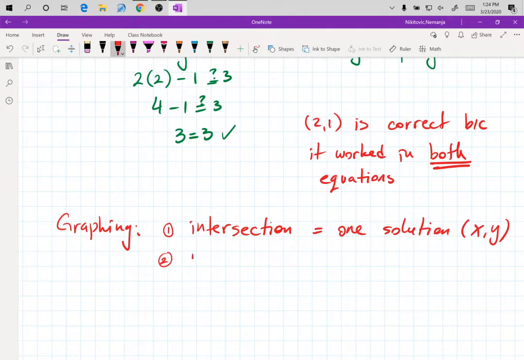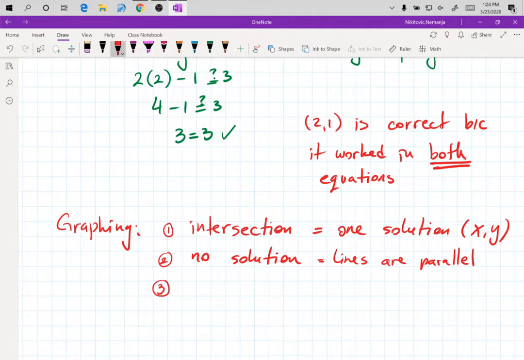Then we can have no solution. Lines are parallel. They do not intersect. They do not cross. And because of that, we have no solution.